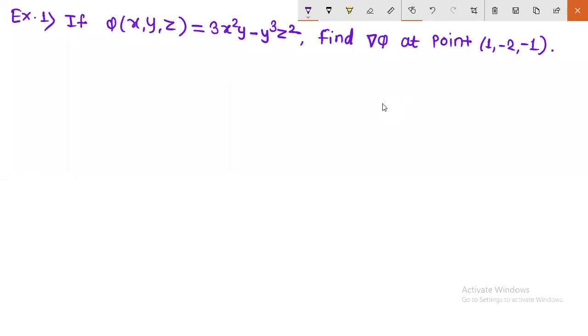Okay. So what is given here? Phi is given, right? Just tell me, is this phi a scalar quantity or a vector quantity?